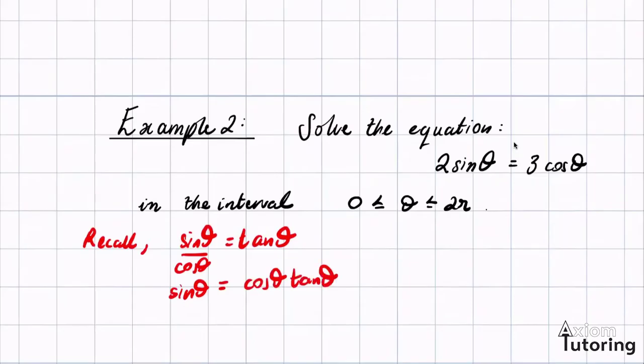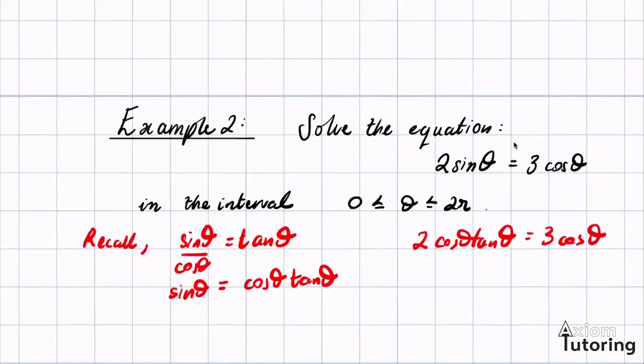So we can rewrite the equation we want to solve as 2 cos theta tan theta equal to 3 cos theta. A common method here would be to divide both sides by cos theta. But please note that we are assuming cos theta is not equal to 0 if we do that. So we're going to have to check that at the end.